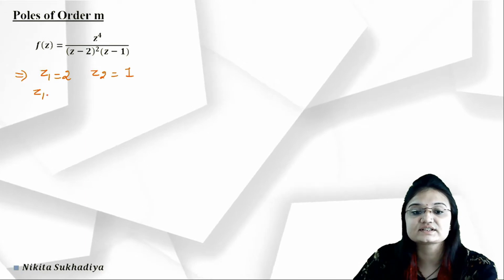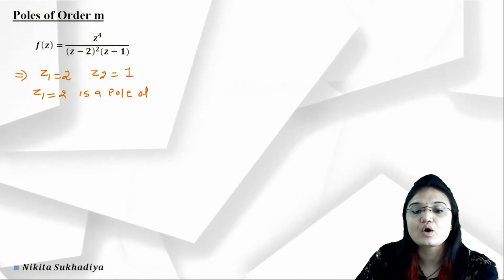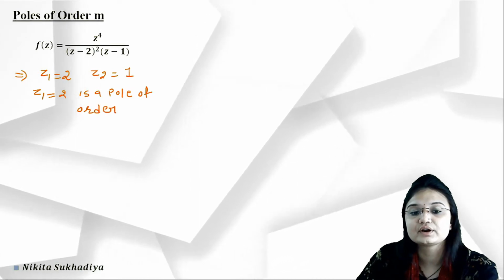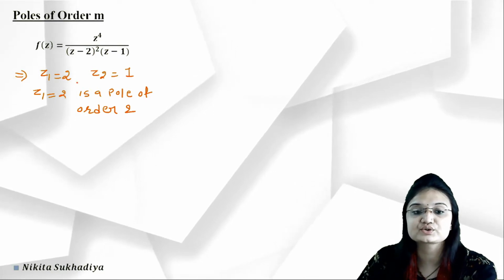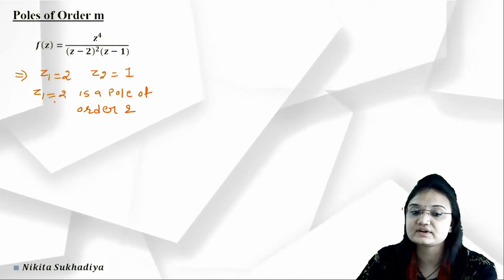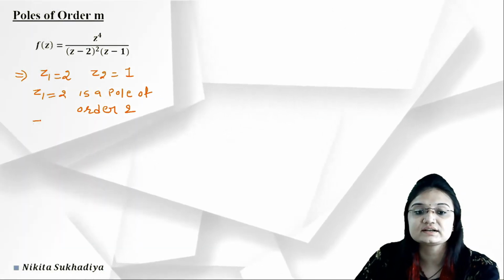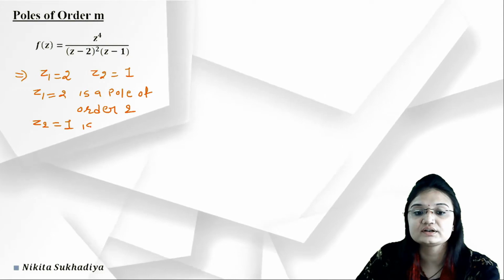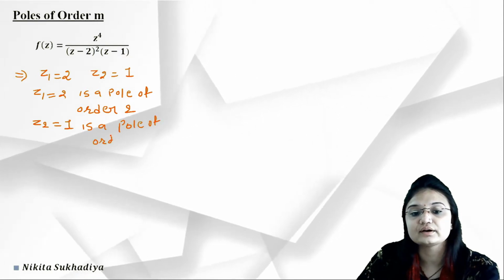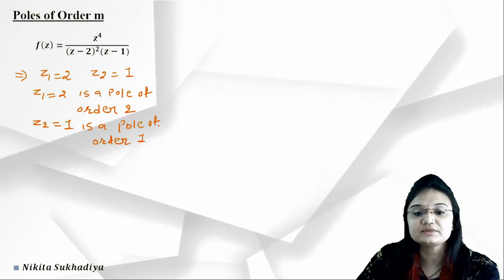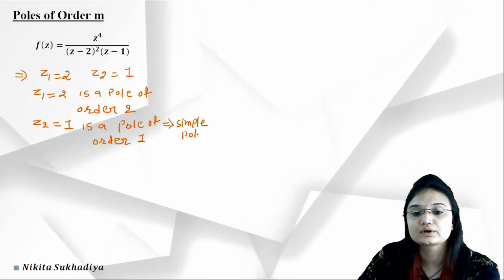But z1 is equal to 2 is a pole of order 2 because here we have (z minus 2) whole square. And second, z2 is equal to 1 is a pole of order 1. So sometimes it is called a simple pole.